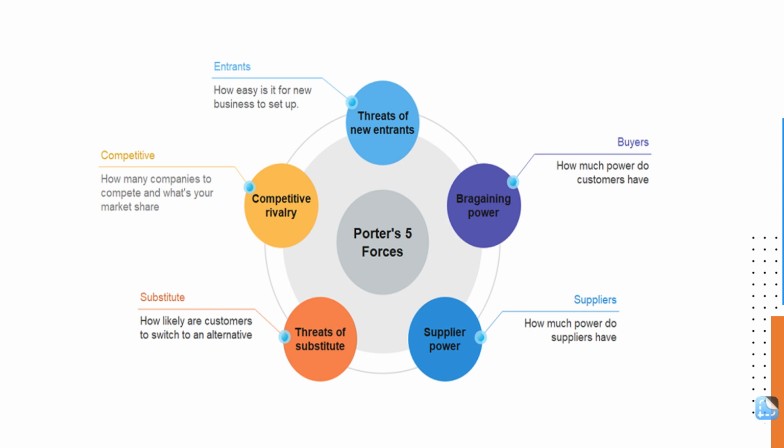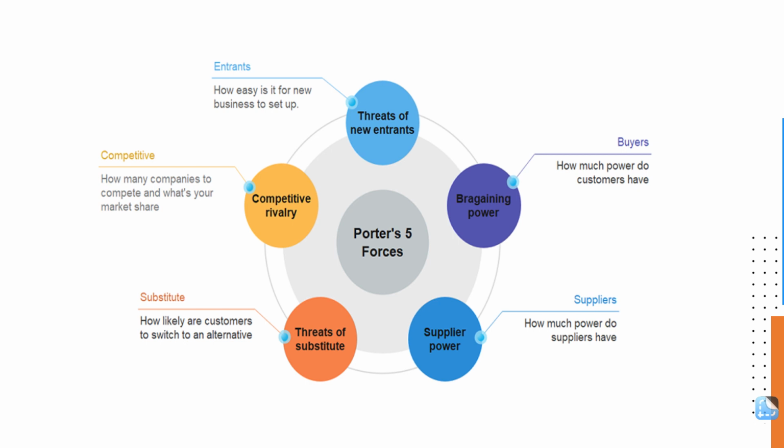To understand the intensity of the competition, we use this well-known, well-regarded framework. The competitive landscape of an industry can be understood by using this tool. It comprises five forces: threat of new entrants, bargaining power of suppliers, bargaining power of buyers, threat of substitutes, and competitive rivalry.